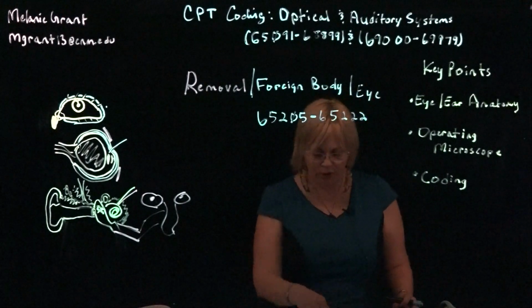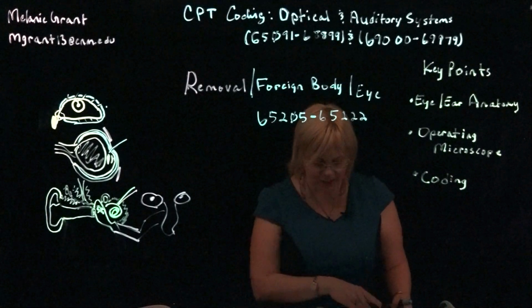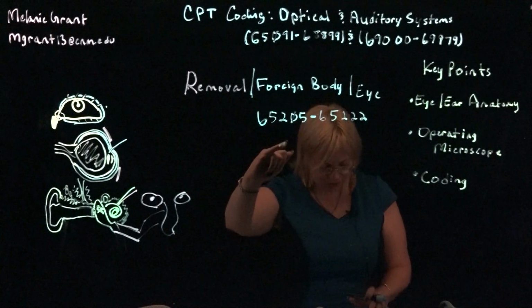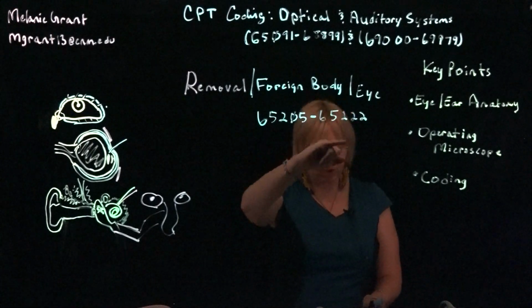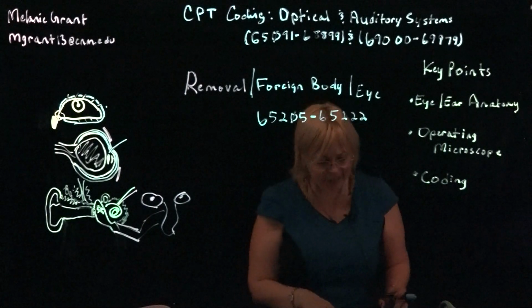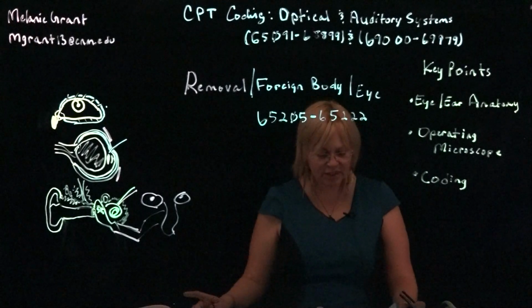So for the header of eyeball, I have removal of eye, secondary implants, removal of foreign body, and 65205 through 65222 all fall under removal of foreign body. There is a little bit of in-section guidelines here. It's not so much in-section notes, it's just giving me additional areas to consider.